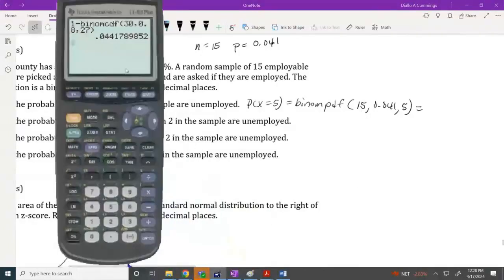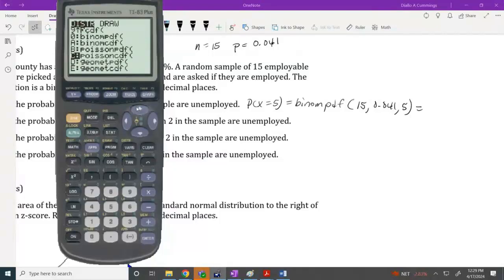Now once you put that in, you're going to get something that's probably going to look weird. So that's binomial PDF 15, comma 0.041, comma 5.